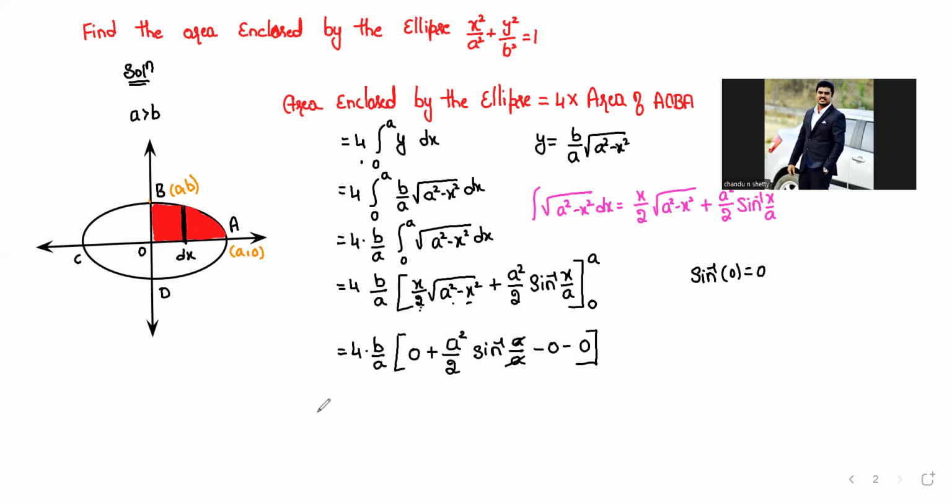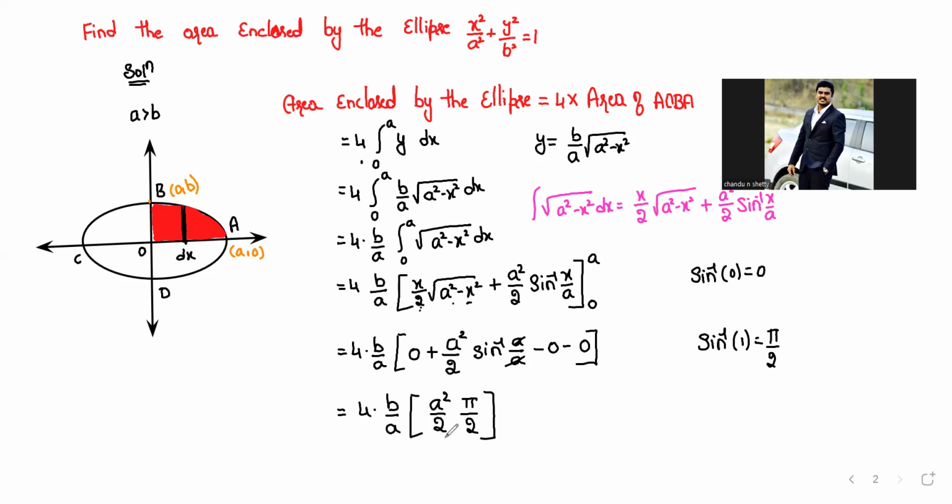Now the a cancels. So 4 into b by a, and remaining a square by 2. Sine inverse of 1 is pi by 2, so I'm taking pi by 2. Clear, all of you.